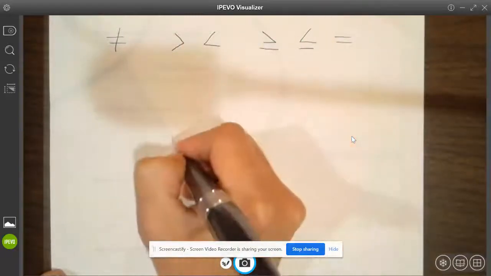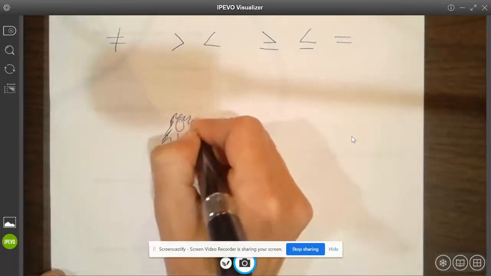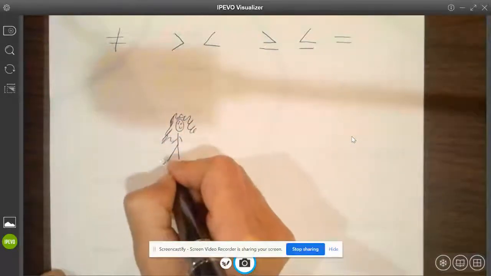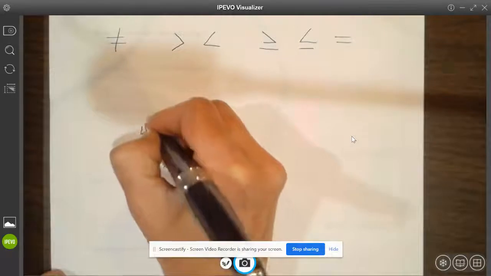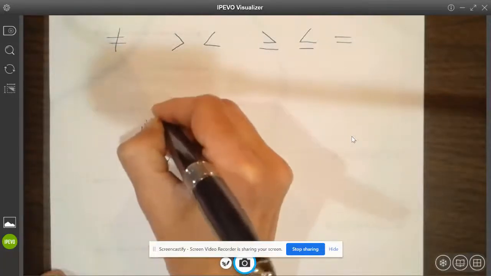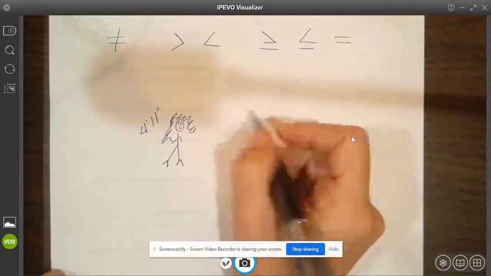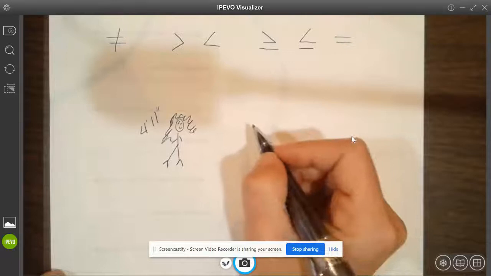So as an example, this is me with my beautiful hair, right? And my high heels, because I like to wear high heels. I'm 4'11". Yep, I am, whoop, whoop. But say, I don't know if you've seen Renee, right? Renee's super tall.